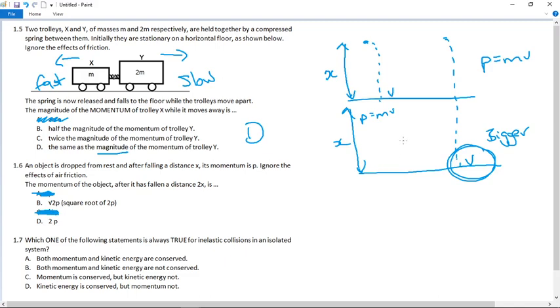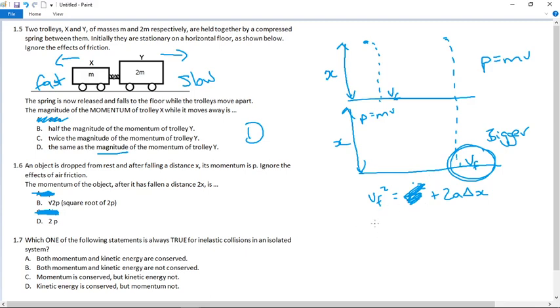We need a little bit of help from our equations of motion. So we need an equation of motion that is going to give us a final velocity and a distance. So if we use Vf squared equals Vi squared plus 2a delta x, we're going to lose the Vi squared because they were both dropped from rest.